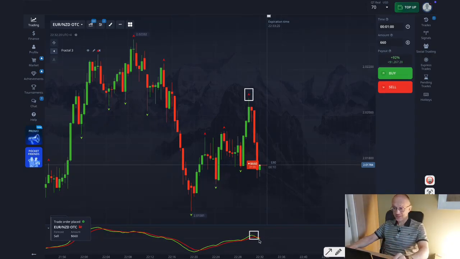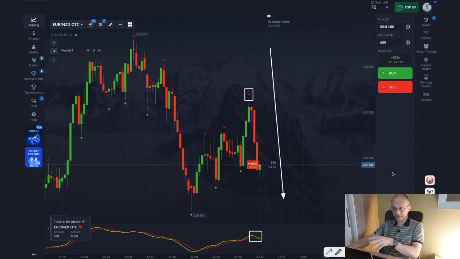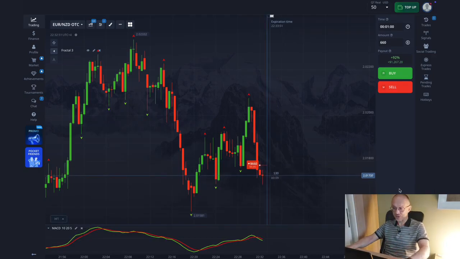Next, the MACD comes into play, reinforcing the overall picture. Its green line crosses the red line from top to bottom, confirming that the momentum is indeed changing. This crossover highlights the growing pressure from above and supports the idea of a downward trend. The coincidence of these two signals makes the situation as clear as possible and provides a solid basis for working in the direction of the movement. So let's see.